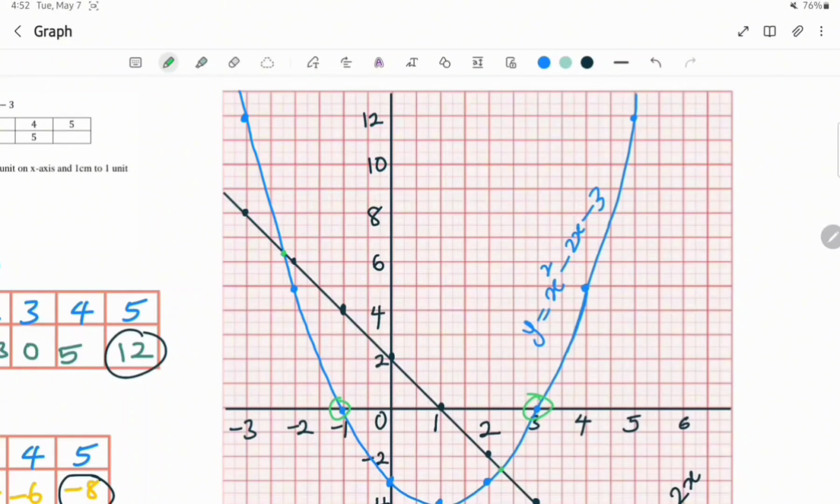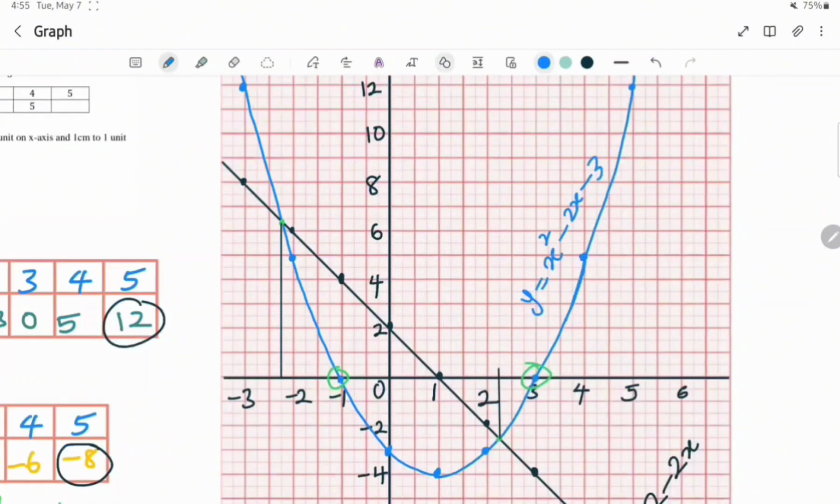So if we trace it, let me trace that. At this point, as well as at this point, those are the 2 points where the quadratic graph and the linear graph intersect.